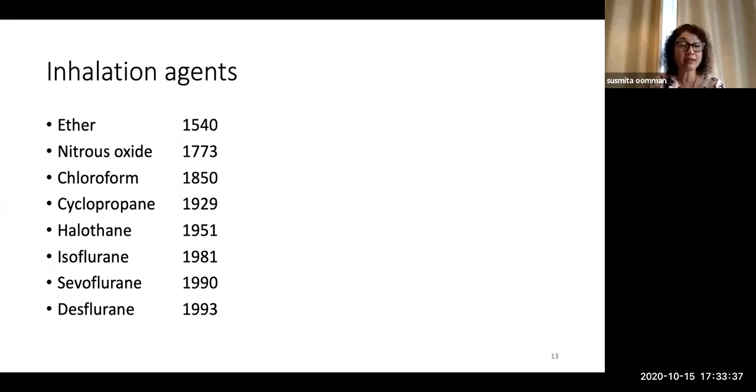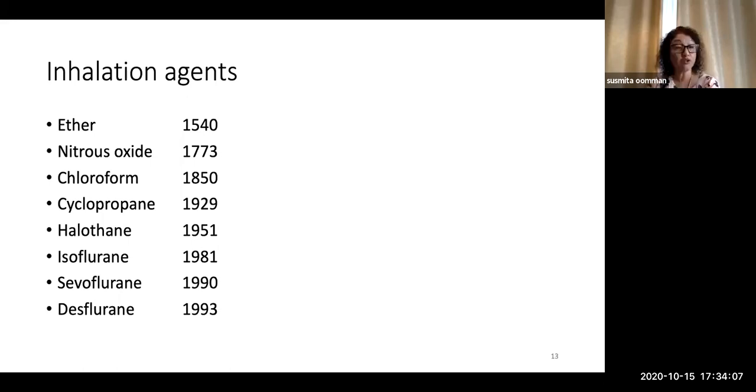Now it is replaced by agents like isoflurane, sevoflurane, desflurane. Out of this, sevoflurane is the best for inhalational induction because it's very pleasant to breathe, and you can quickly deepen the anesthetic and the patient goes off to sleep, bypassing all those stages, especially the stage 2, as we said, of disinhibition, shaking, kicking, and all those stages are passed.